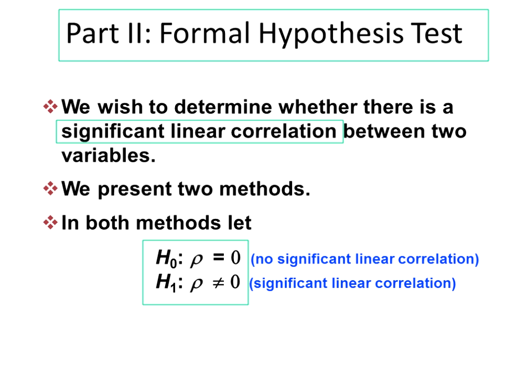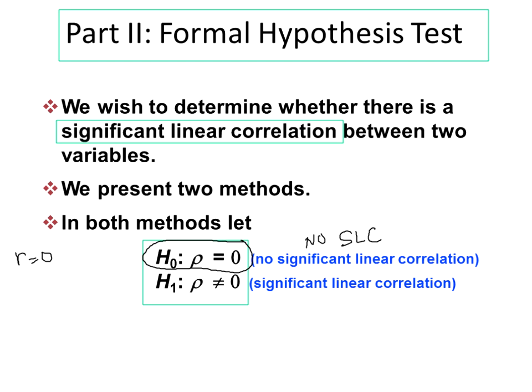So remember, when r was close to 0 or equal to 0, that told us there's no linear correlation. In our sample, when r was equal to 0, that means there's no linear correlation. So when we say that rho is equal to 0, the population linear correlation coefficient is 0, we're saying that there's no significant linear correlation.